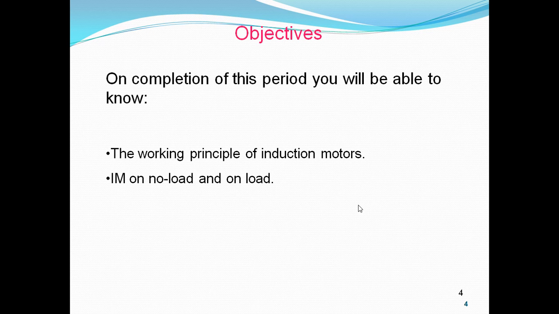So that means the rotor slots are not parallel to the axis of the shaft. They are skewed, at a certain angle. Why? To avoid magnetic locking between the rotor and the stator poles.